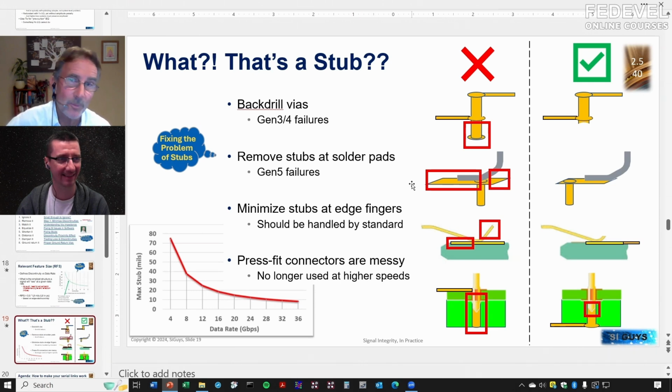But okay, then Gen 5 came along and I started to see failures like this, right? Because the trace was over here and it wanted to get to this connector pad, right? So they put the via there. Who wouldn't do that? But that leaves this big stub over here.